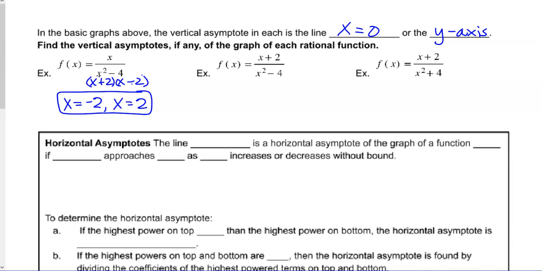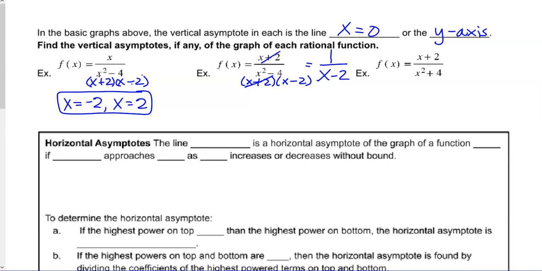Now, in this one, it's different because now I have a numerator of x plus 2. When I factor x squared minus 4 into x plus 2 and x minus 2 for that difference of squares, these are the exact same factors. So we could actually cancel those out. Now, you're still going to be restricting negative 2 out of your domain, but for it to be a true vertical asymptote, if things can cancel, you want to cancel those first, and then whatever remains, the function now would look like this.